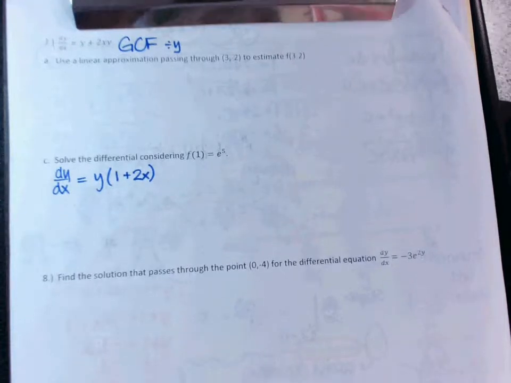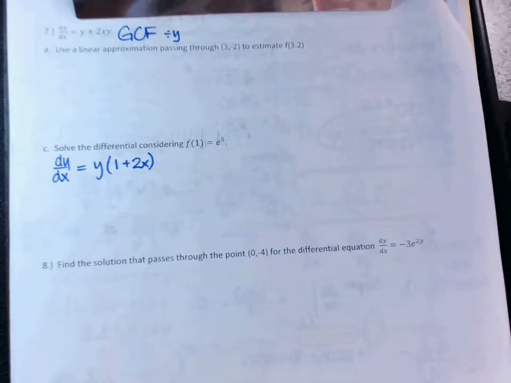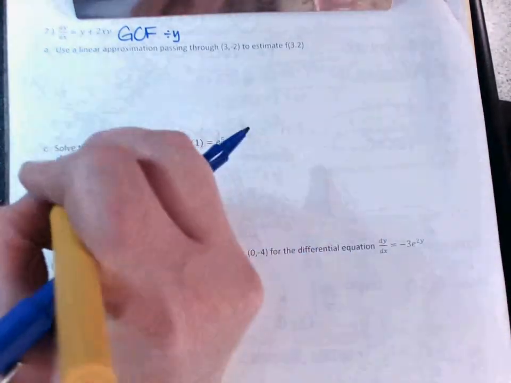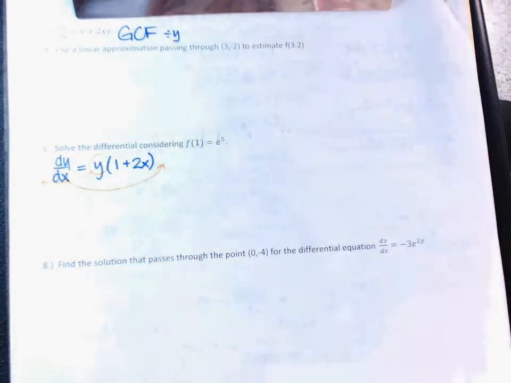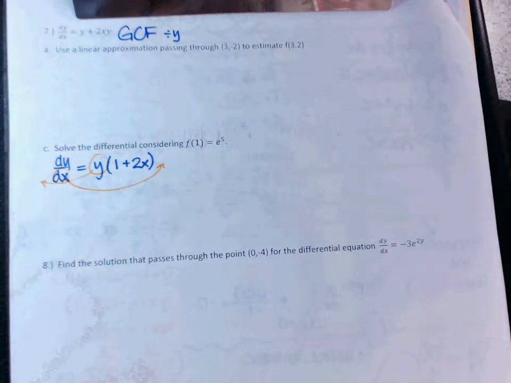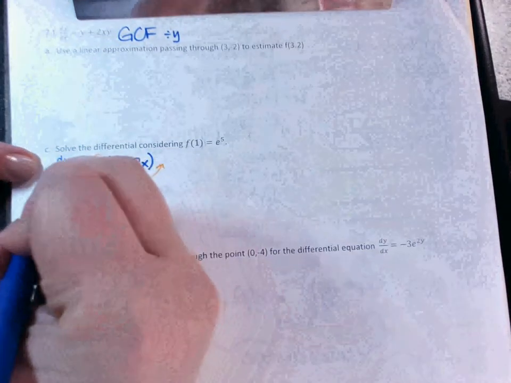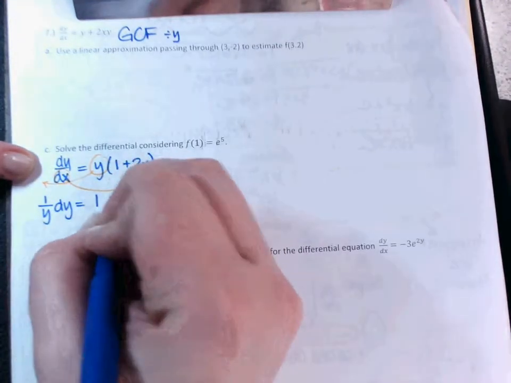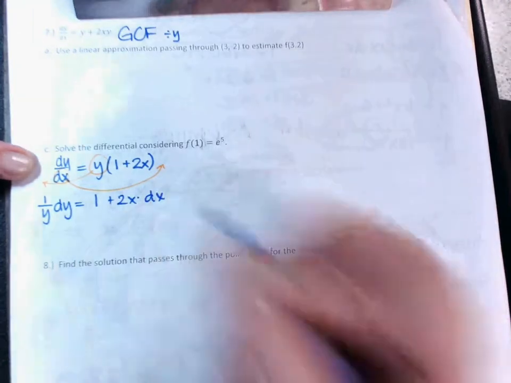Okay, ready? We're going to separate. So where's my y going to end up if it used to be on the top? It'll be 1 over y. And then where does my dx go? Up there, right? That's what we covered yesterday. So I'm going to have 1 over y dy, and then I'm going to have 1 plus 2x dx.